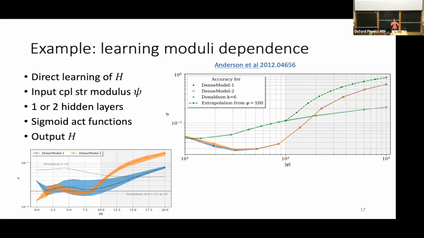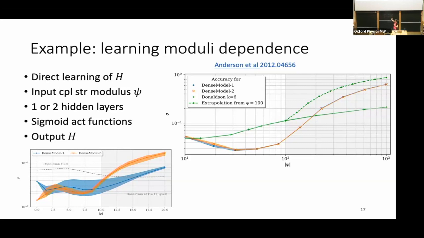So it's not just the components of H, but it's some clever numerical way of outputting the data that I will not go into. And what we see here, in particular in the bigger plot, is how this extrapolates beyond the range where it was trained.